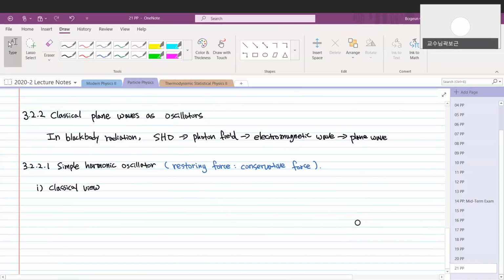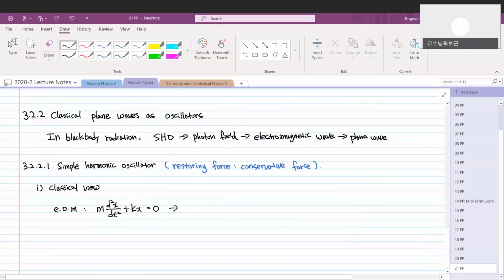Their equation of motion: the mass of the particle times acceleration depends on the restoring force.